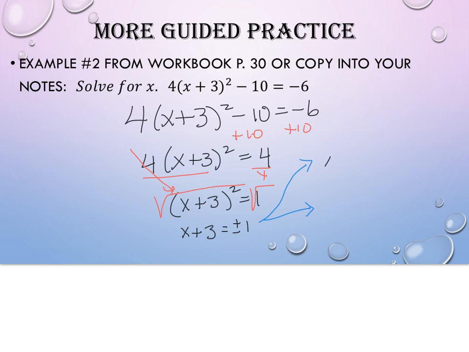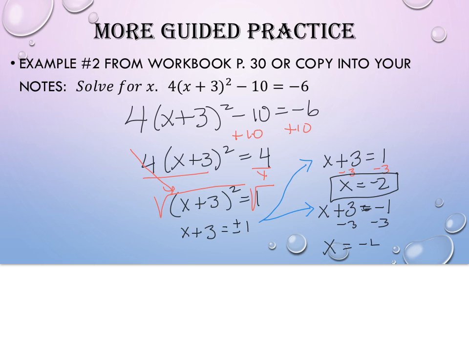The first possibility is x plus 3 equals a positive 1. And the second possibility is that x plus 3 equals negative 1. And then you can go through and solve regularly, where you're going to subtract 3. On this side, x is going to equal a negative 2. The other possibility is subtract 3, x equals negative 4. So those are your two possible answers.